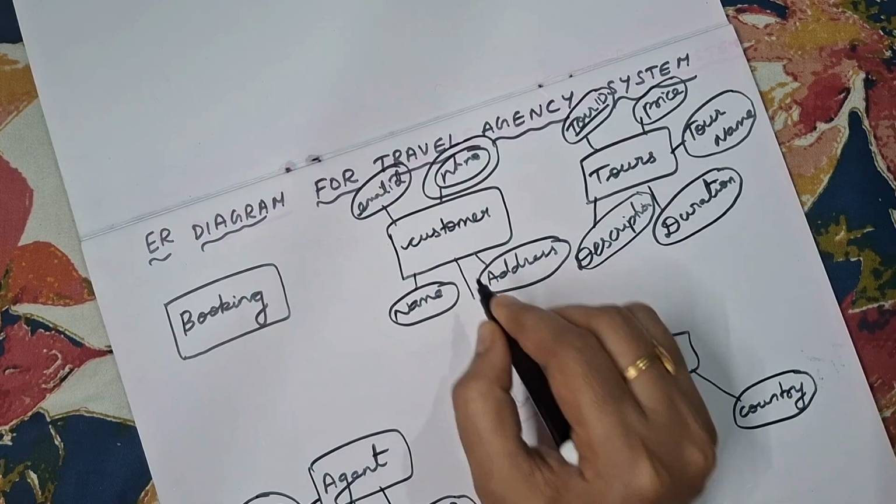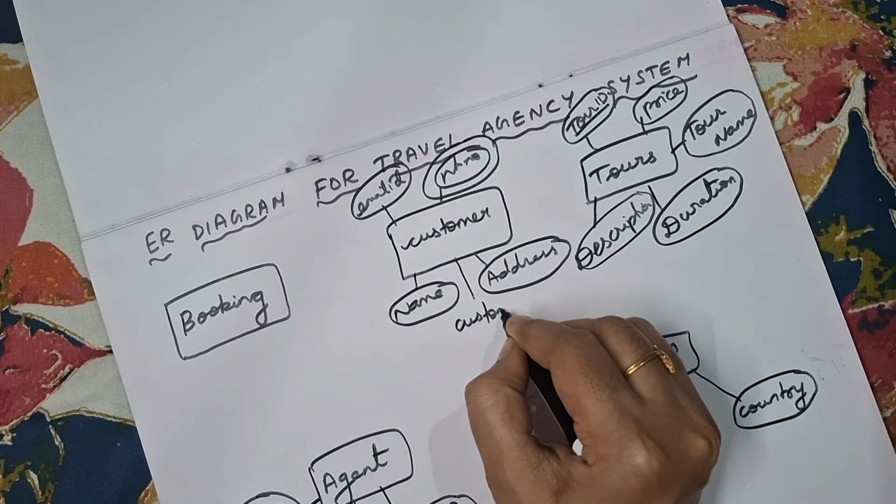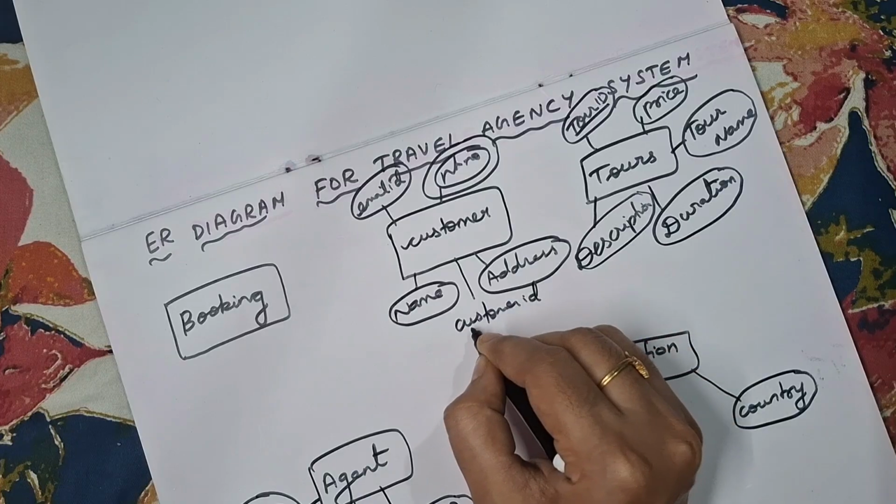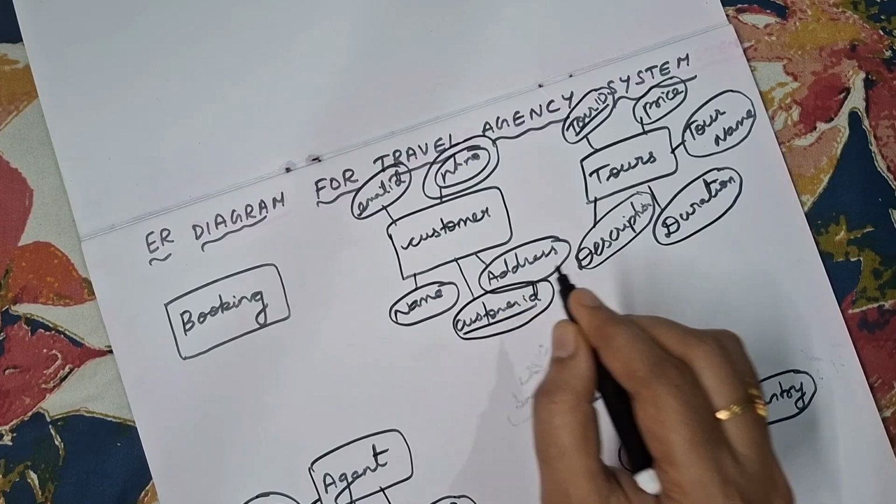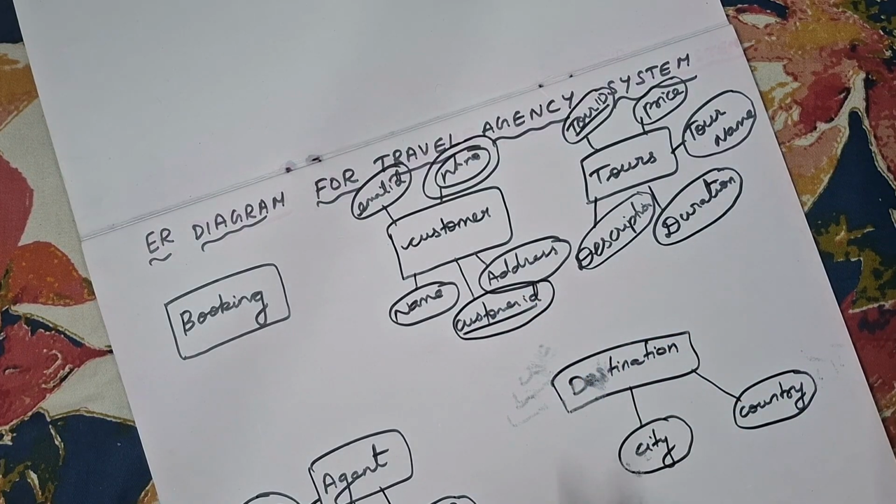Next, importantly, the customer ID. So the customers will also be given an ID. This must be underlined and written inside the oval shape because it is a primary key. So customers will be having an ID. Now the customers who are going on a trip to Shillong, for example, if 10 customers are going, for every single customer they will give an ID. There will be an ID given to them, and that ID will be unique for all the 10 customers who are going on a tour to Shillong.